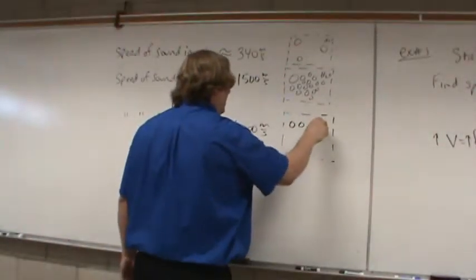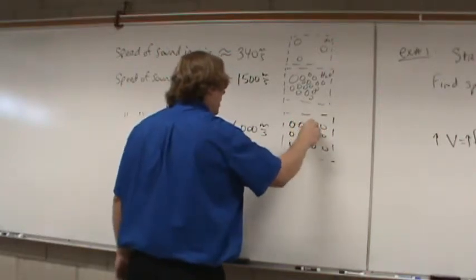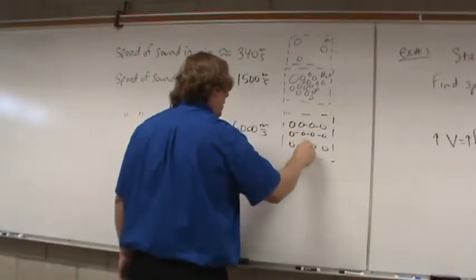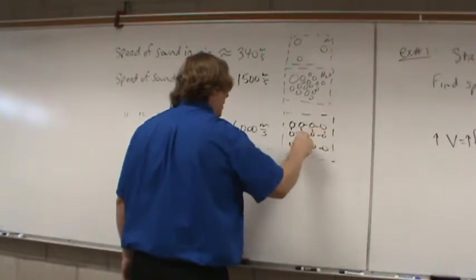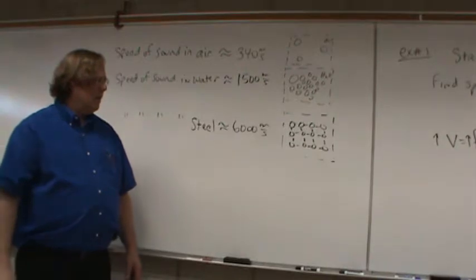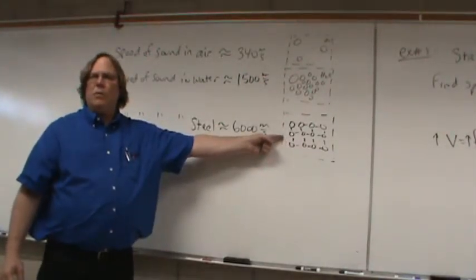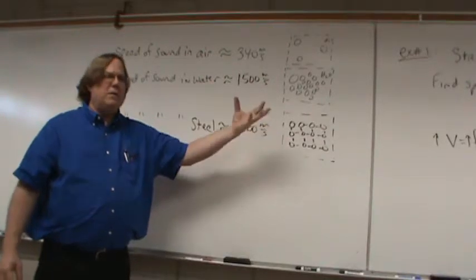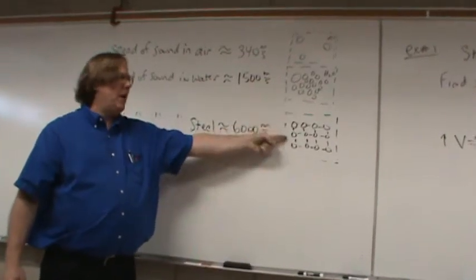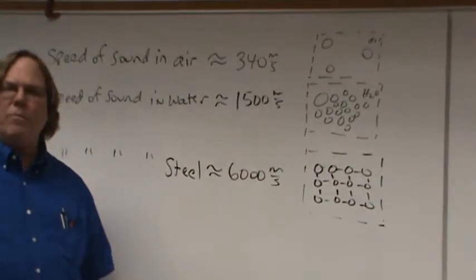Here, I'm going to make steel. There's my steel. Not only are they compact, but tell me, what can you tell me about the strength of the bonds of steel versus water? Stronger. Yeah, very strong bonds.